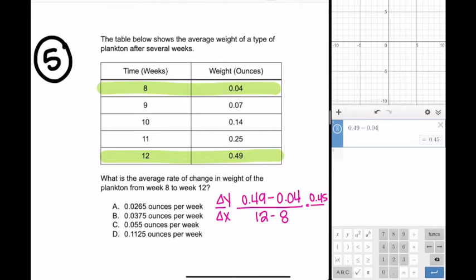And 12 minus 8 is 4, so we need 0.45 divided by 4, which is 0.1125 ounces per week.